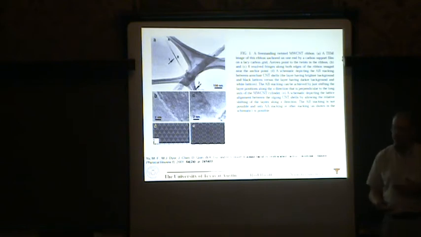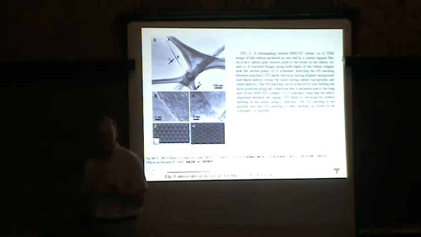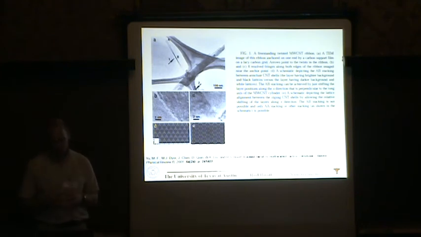If you take a zigzag tube and collapse it, you end up with AA, the most unfavorable. And coincidentally, Vin Crespi, for treating this issue of shell sliding, had just done ab initio calculations where he calculated with his team 12 millielectron volt difference between AB and AA per atom pair on the neighboring layers.